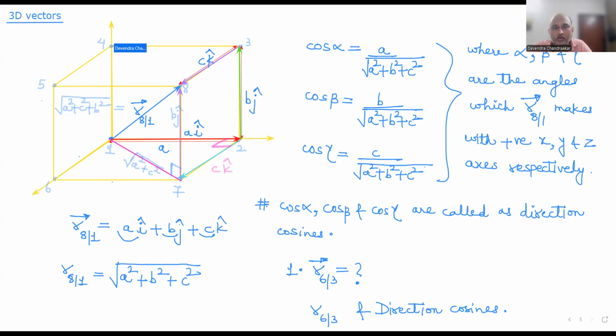हो गया भाई, डन। Yes, done. Solve the exercise also, R63. What is R63?